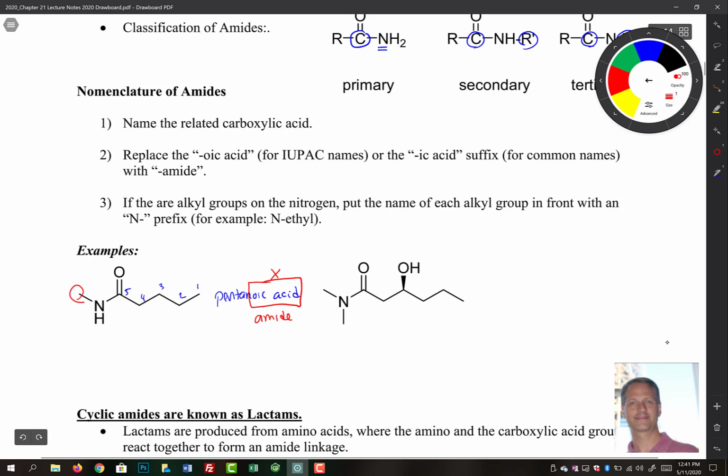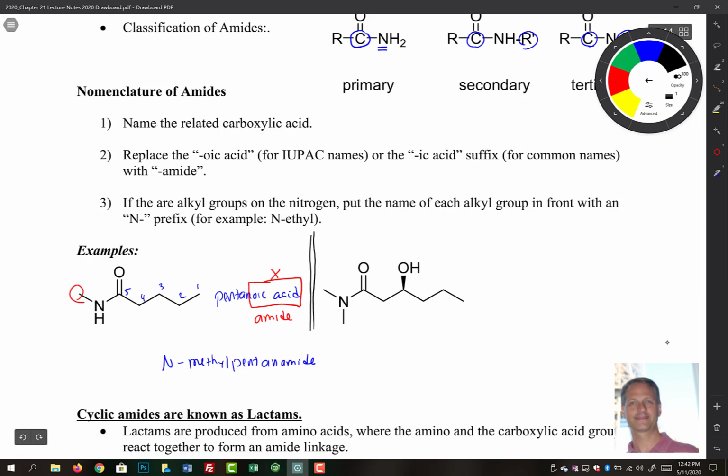And then that is a methyl group there. So when we put all that together, that is N-methylpentanamide.